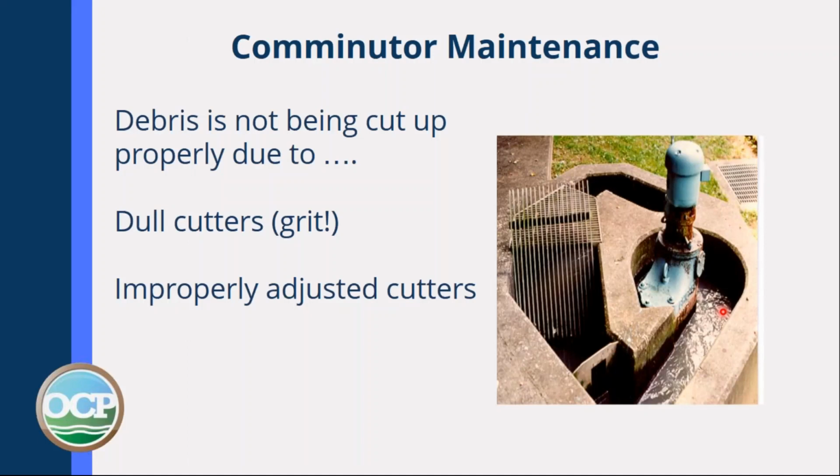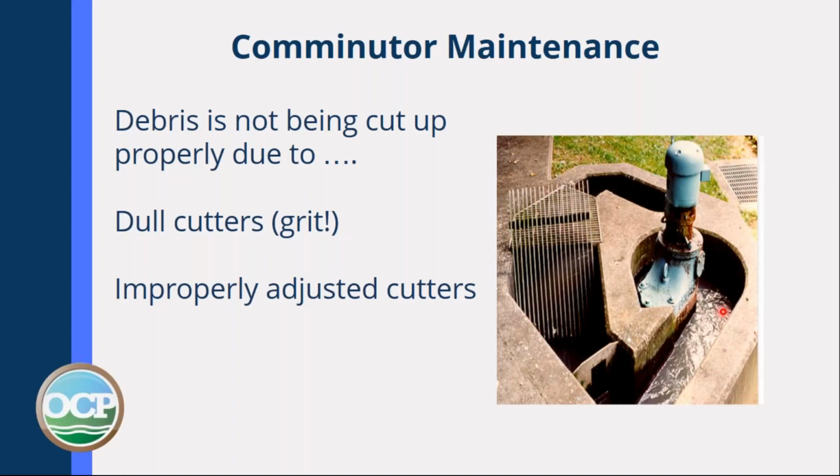If it doesn't seem to work well, it's because grit has maybe got into the system and has dulled the cutters. So you might need to do regular maintenance on these machines if you have them.